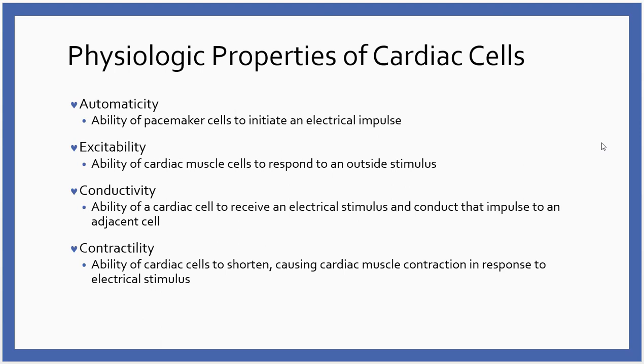As I mentioned before, if we've got dysrhythmias because the cells are too excitable, then we're going to look at antidysrhythmics. If we don't have adequate contractility, then we can look at medications to improve that, such as dopamine, dobutamine, or even digoxin.